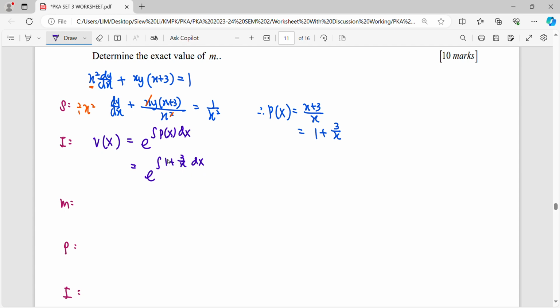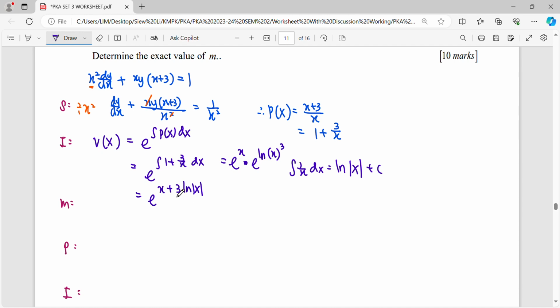Integrate 1, we get x. Integrate 3 over x, the 3 we take out, integrate 1 over x, we get ln |x|, with the modulus to make sure it's positive. The constant c we will write after everything, in the step of integration for the whole equation. So for this exponential power x plus 3 ln |x|, we can still simplify this, where power plus means multiplication: e to the power x times e to the power of 3 ln |x|.